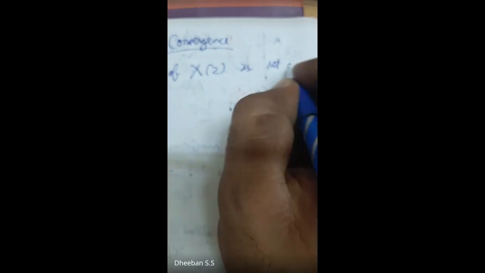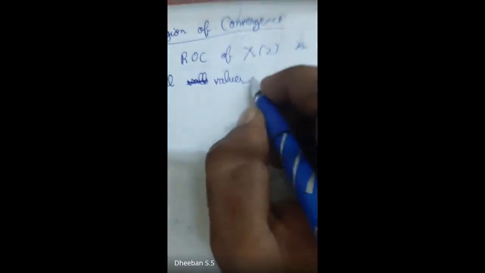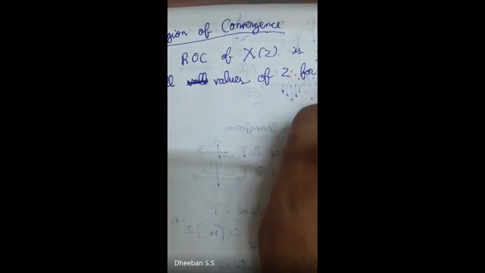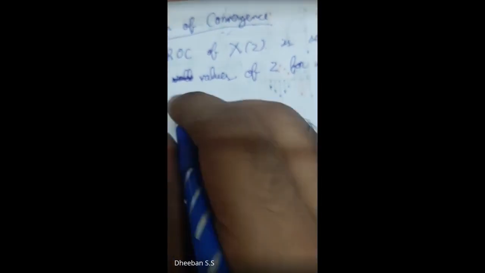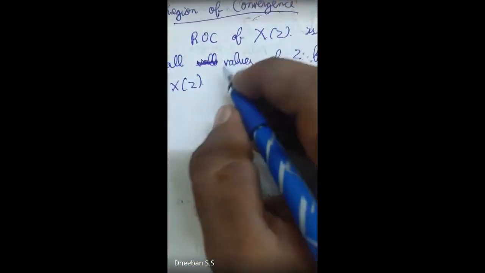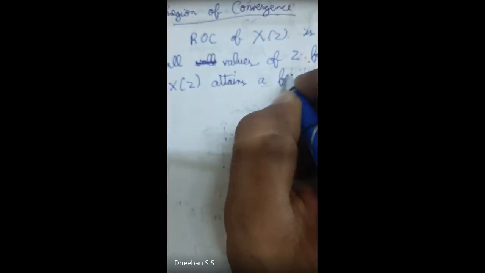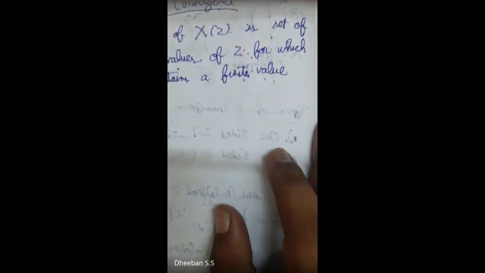It is the set of all values of z for which x of z attains a finite value. So what is ROC?